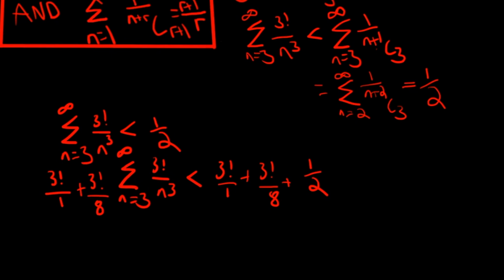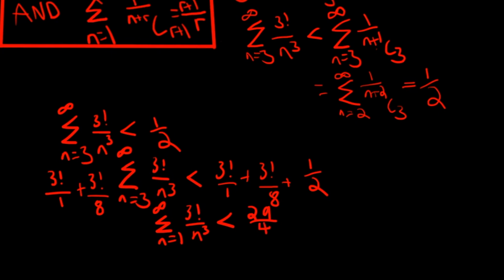Okay, so if we now rewrite both sides of the equation, we'll have the sum from n equals 1 to infinity of 3 factorial over n cubed is less than 29 over 4.